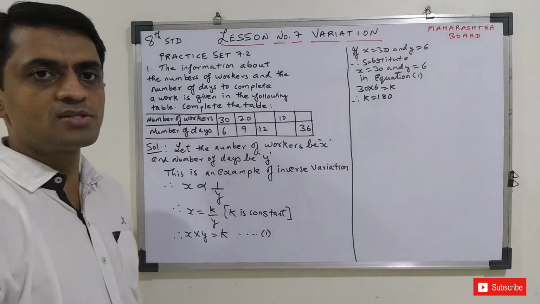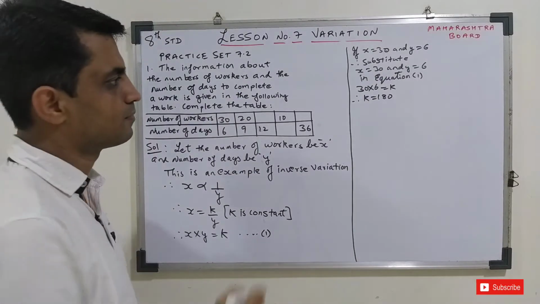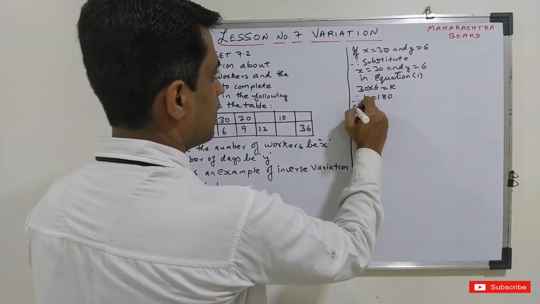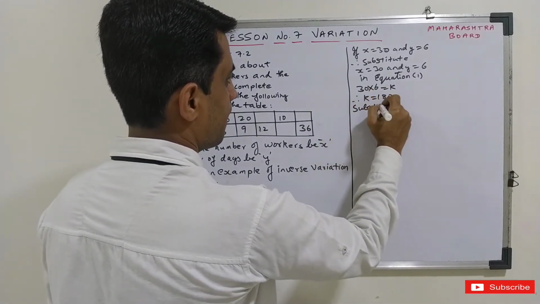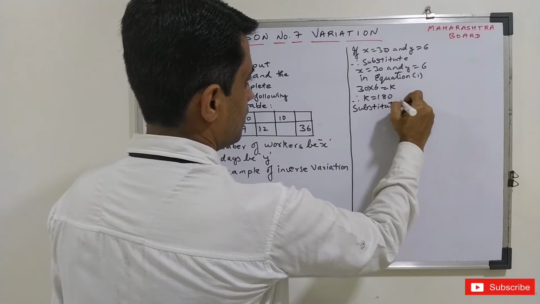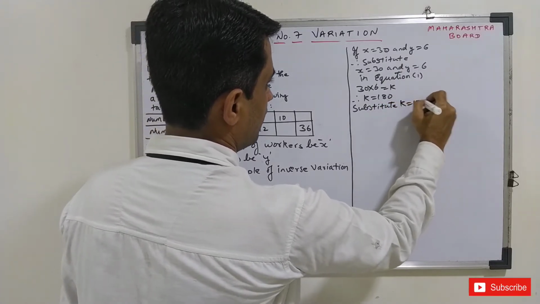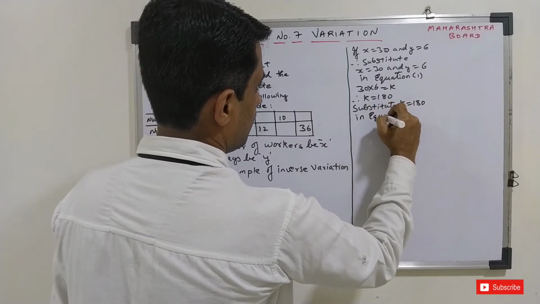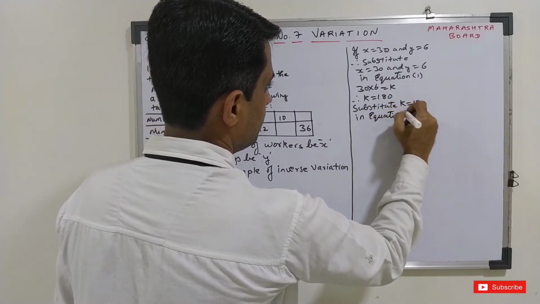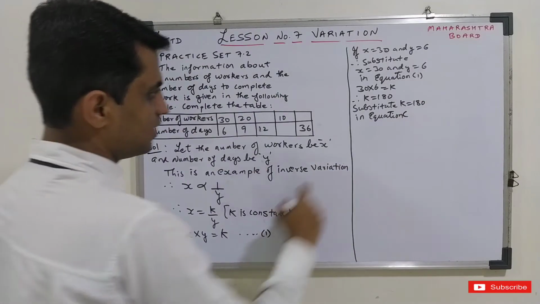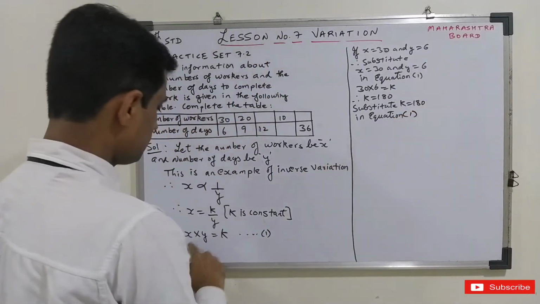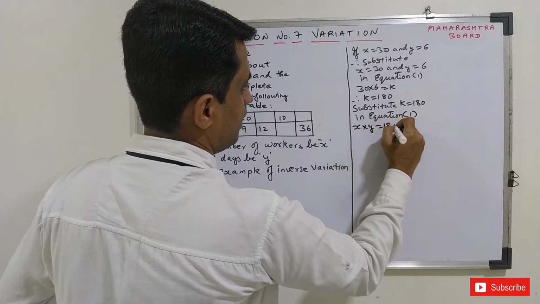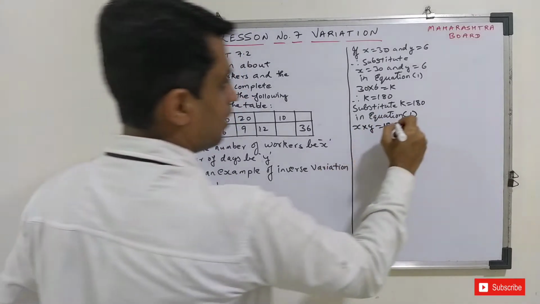This is also called the constant of variation. K is also called what? Constant of variation. Now substitute k is equal to 180 in equation 1. So you will get x into y is equal to 180. So what is this called?